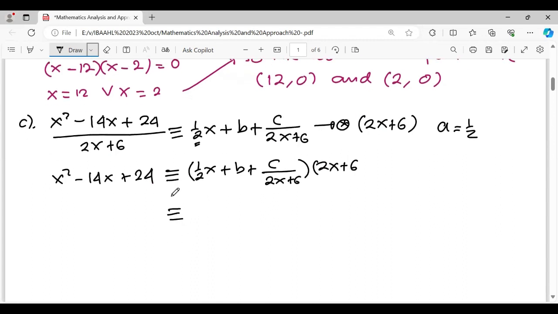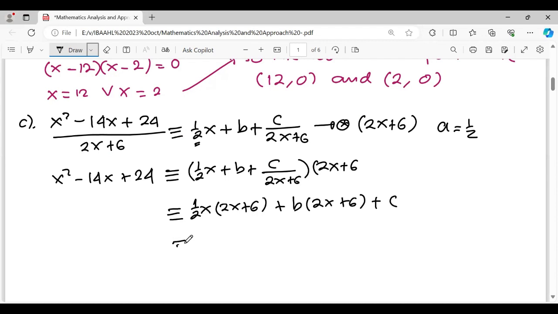So if you calculate, it's going to be half x times 2x plus 6 plus b times 2x plus 6 plus c.